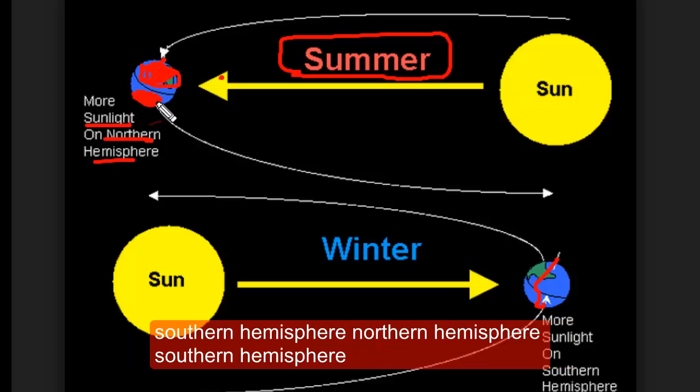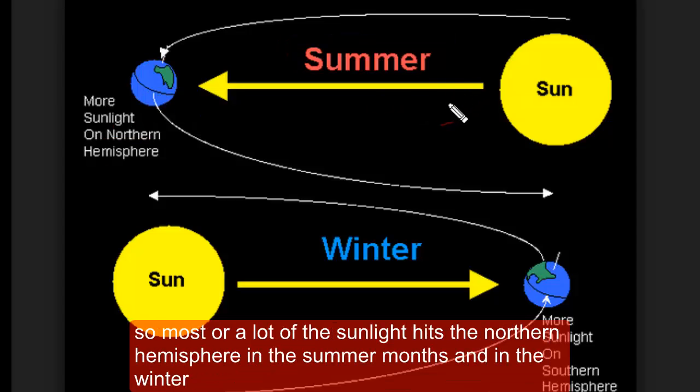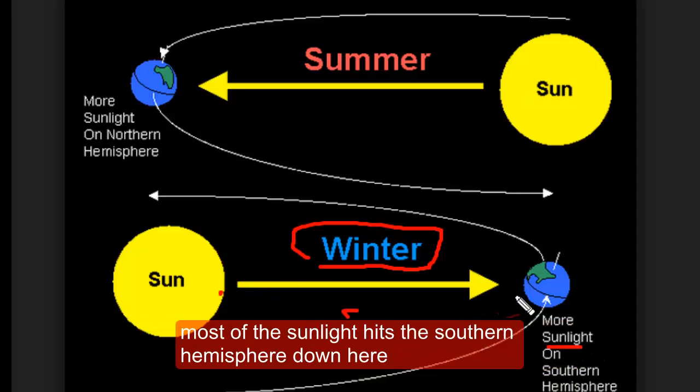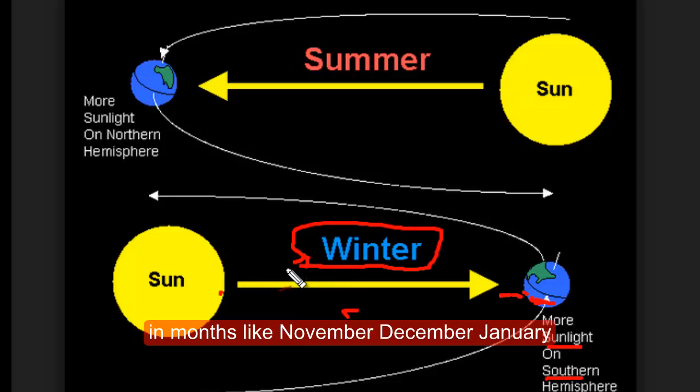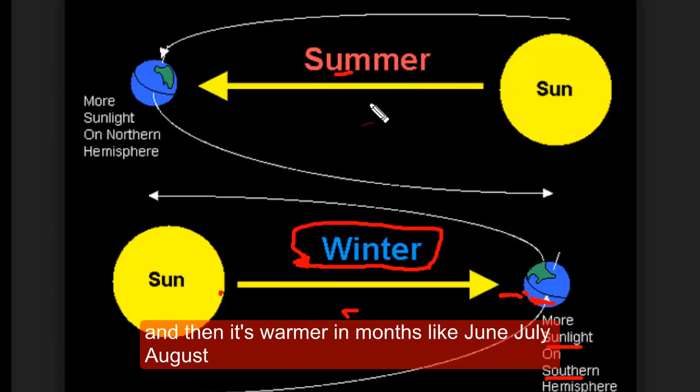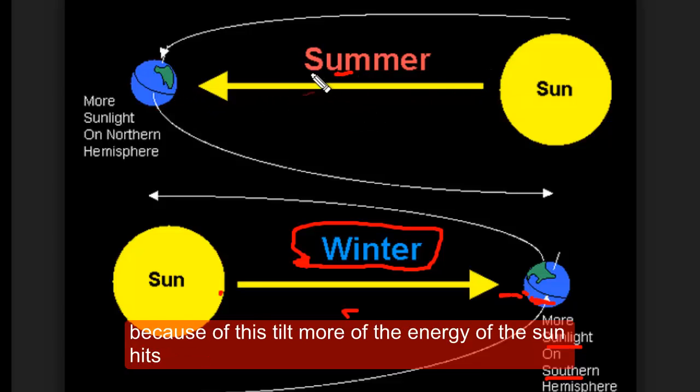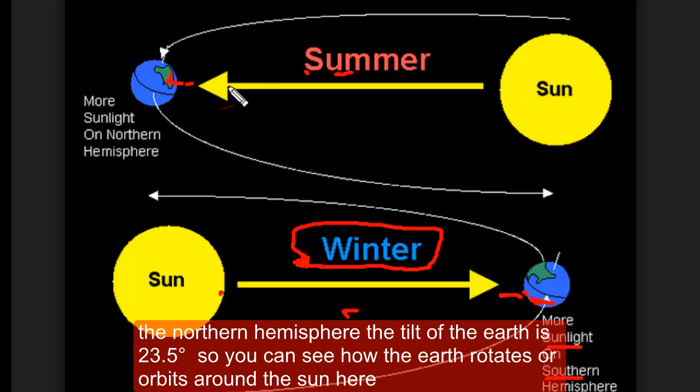Most or a lot of the sunlight hits the northern hemisphere in the summer months, and in the winter most of the sunlight hits the southern hemisphere down here, and that is why it is colder in months like November, December, January, and warmer in months like June, July, August because of this tilt. More of the energy of the sun hits the northern hemisphere.